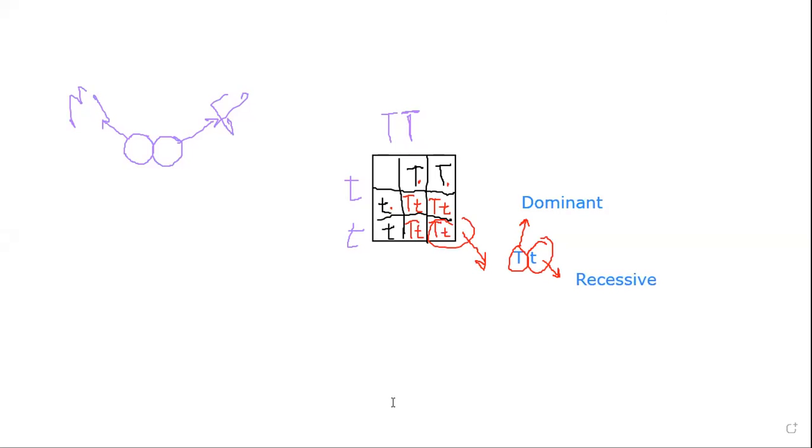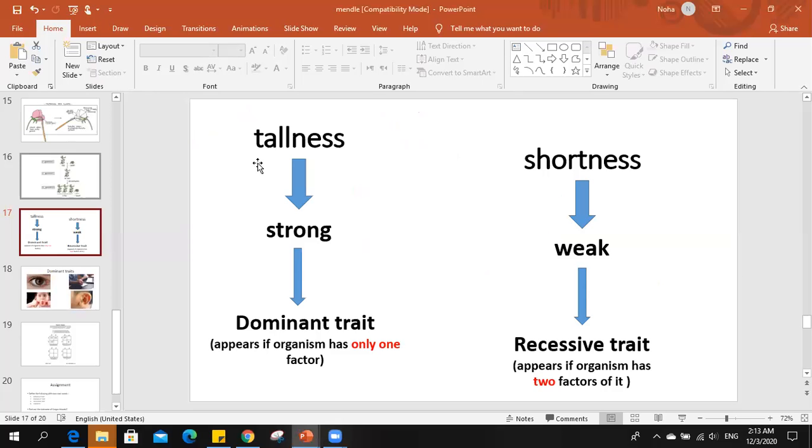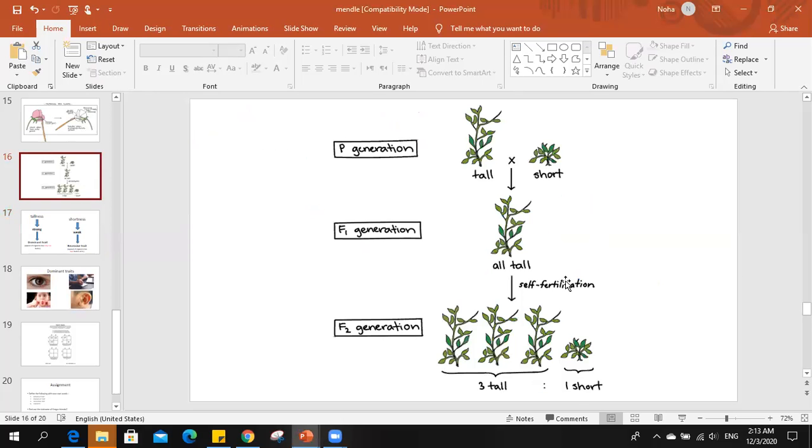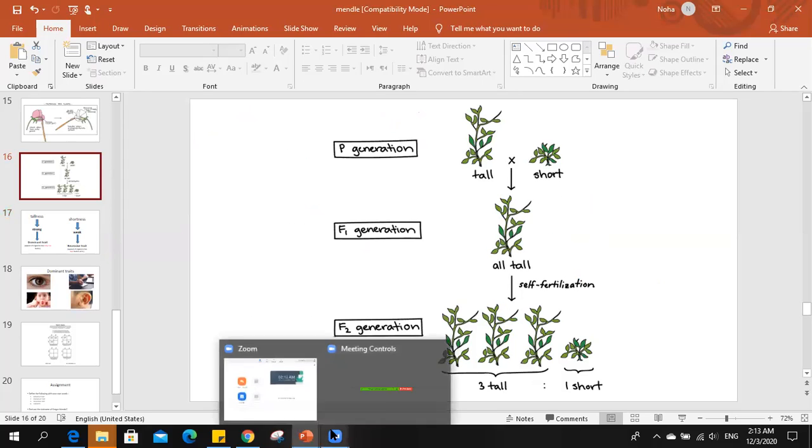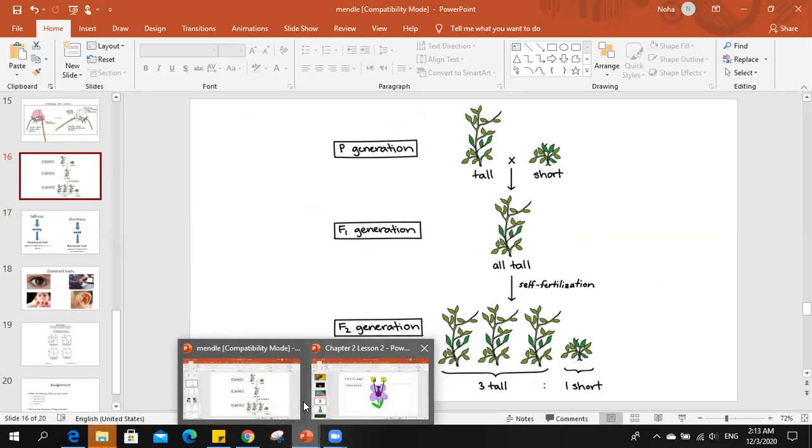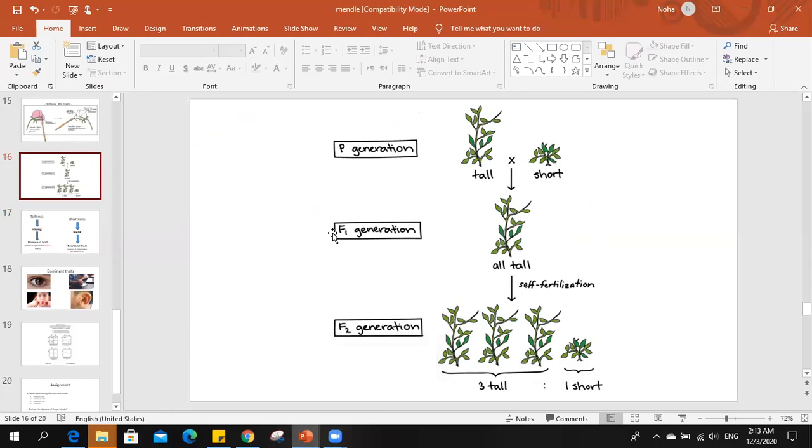But from the experiment, let me share my screen again. You learned that the first generation were all tall plants, which means that only the tall factor, or the dominant trait responsible for being tall, is the one that was expressed, or the one that appeared most.